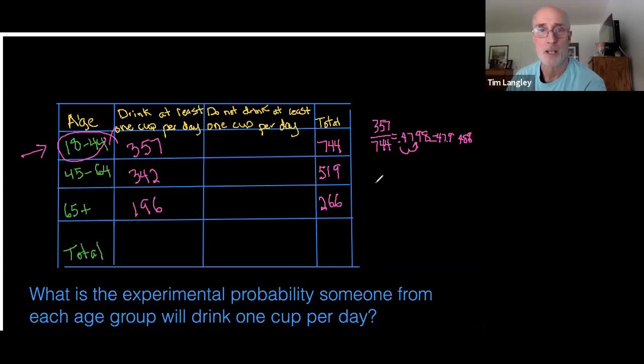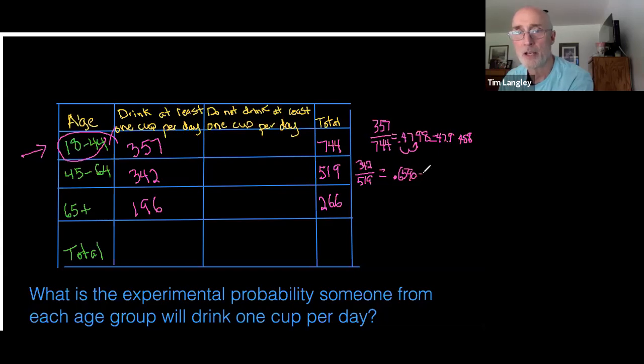And then what about the next group, the 45 through 64-year-olds? Well, if I do my math, 342 of them said, yeah, I drink a cup a day, but they only asked 519 of these people. So if I plug that into my calculator and I go 342 divided by 519, I'll get a decimal, 0.6590, okay?